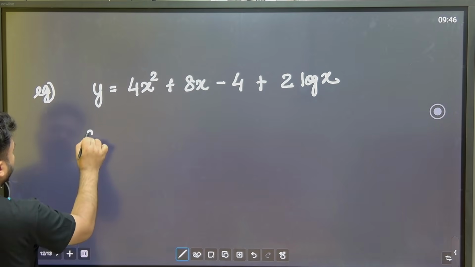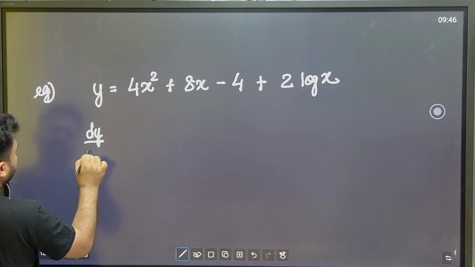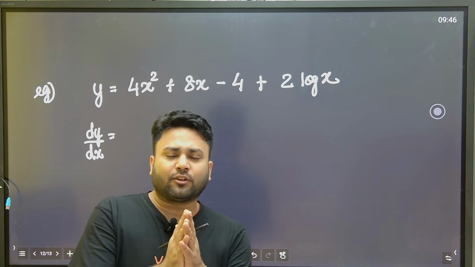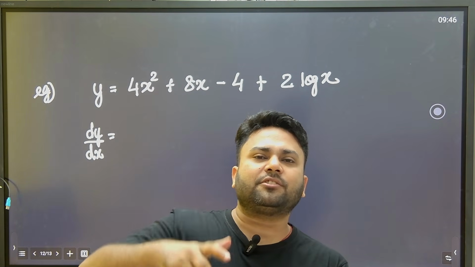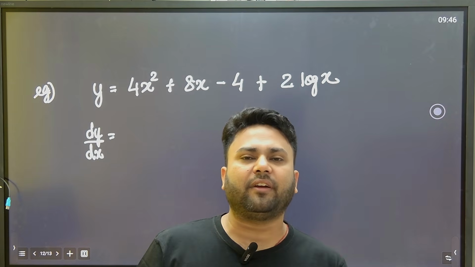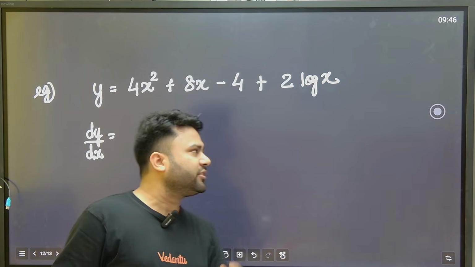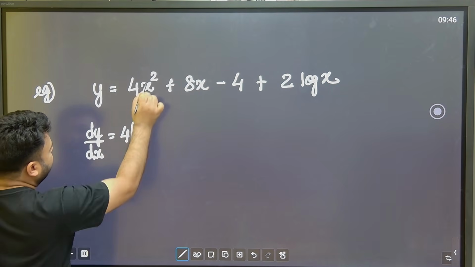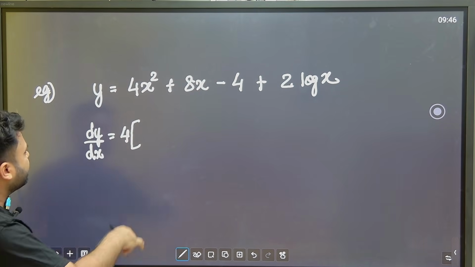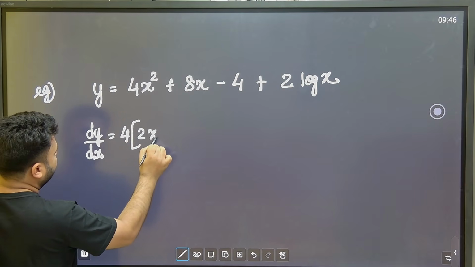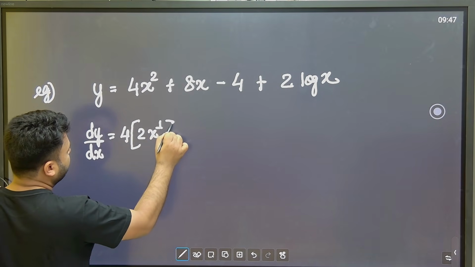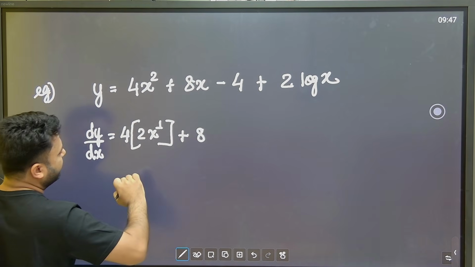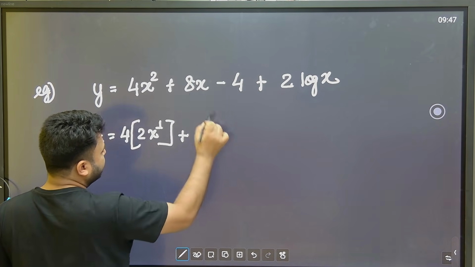So you have to differentiate means you have to write dy by dx equals to, whenever there is a constant which is attached with some variable, means multiplied or divided, that constant we take outside. So here 4 we will take outside and we will differentiate x square. So x square differentiation, first we will write power, then variable, then power minus 1, 2 minus 1. Again what you can see here, we have one constant. Constant we will take outside and we will differentiate x. x differentiation 1.